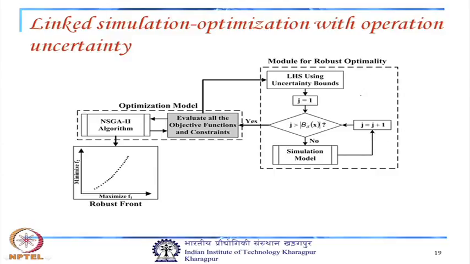There can be linked simulation optimization with operation uncertainty. We can run this simulation model for multiple realizations. We can give Q and small q values, and we can generate Q plus del Q combinations. Del Q is a small variation, because in reality there will be variation of these values in field situations.